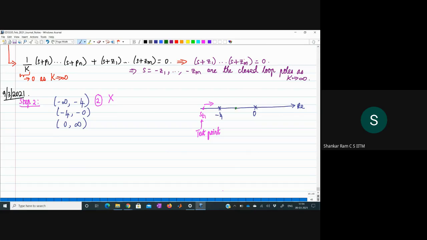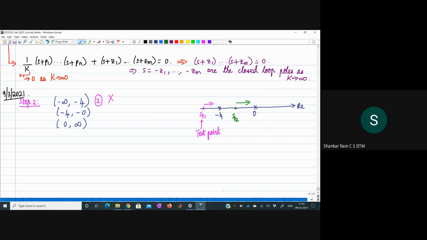Now, if we take another test point, the second test point between -4 and 0, and look to the right of it, we count the number of real open loop poles and real open loop zeros to the right. We can see that there is only one: the open loop pole at 0 is the only real open loop pole there, and there is no open loop zero.